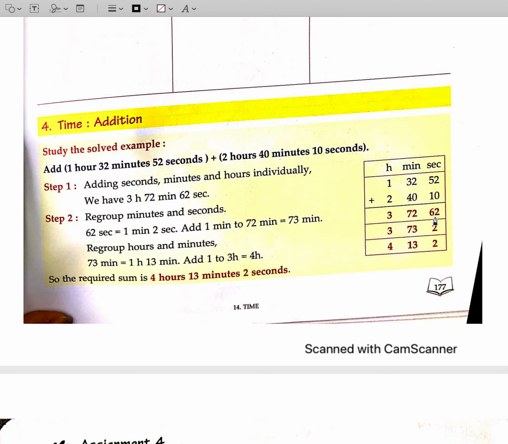But 62 is equal to 1 minute and 2 seconds. So we'll write 2 and we'll add the carried amount later. So first we have to add this. We get 72. Now we carry over this 1 here and we'll write 73. Now 73 also can be broken down into 60 and 13. So we'll write 13 over here, and 60 minutes is equal to 1 hour, therefore 4.